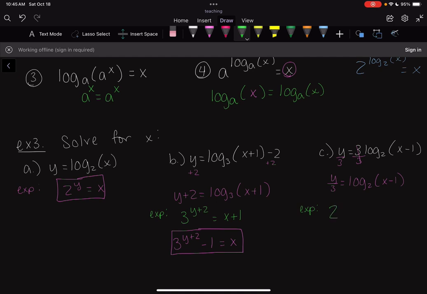So my base is 2. Logs are equal to exponents, so my exponent is y over 3. And this is equal to x minus 1. And now I can add that 1 to the other side, so I get 2 to the y over 3, plus 1, is equal to x.